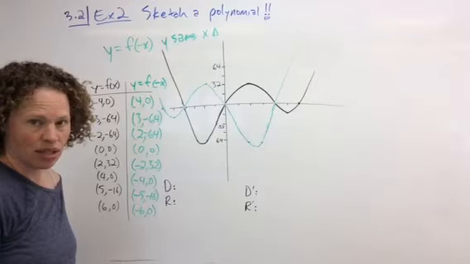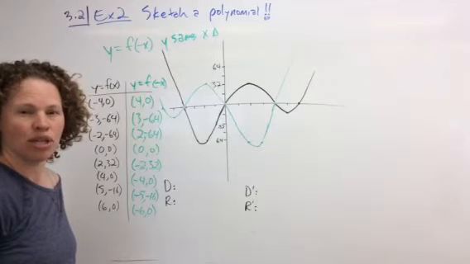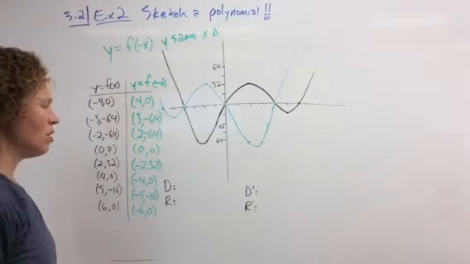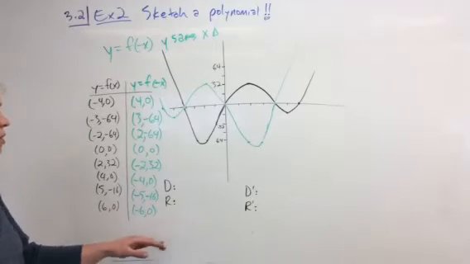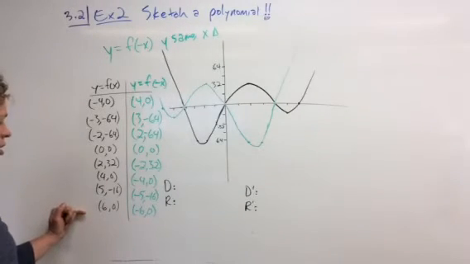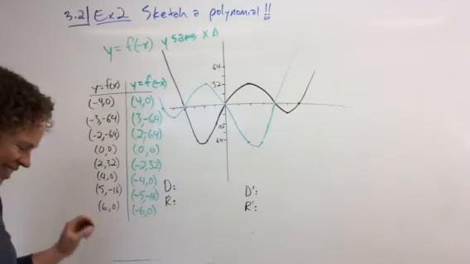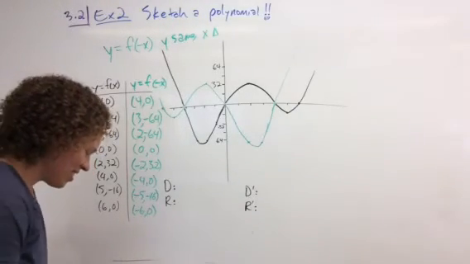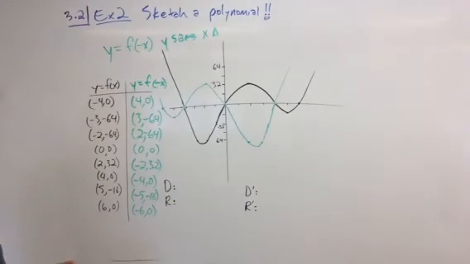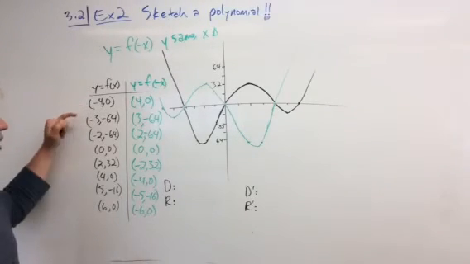The last thing to do is to determine the domain and range of each one. For the original equation, sometimes the words get mixed up. My domain is my x value, and it goes from 6 to -4.